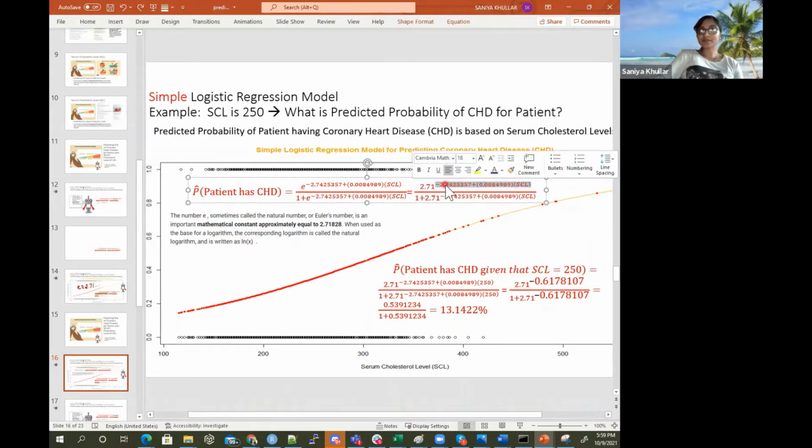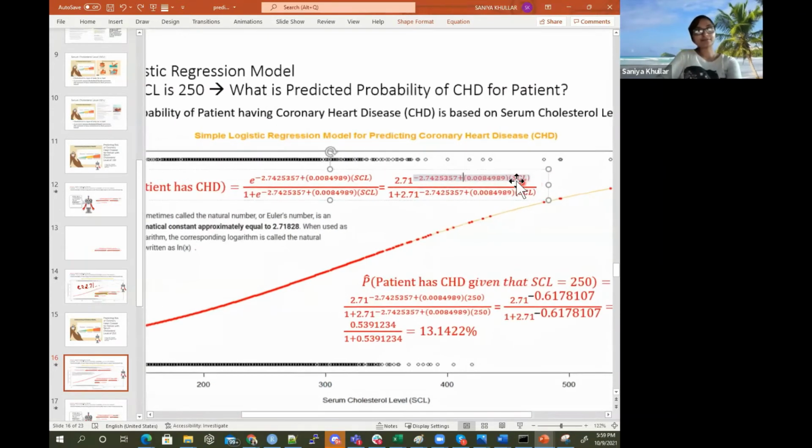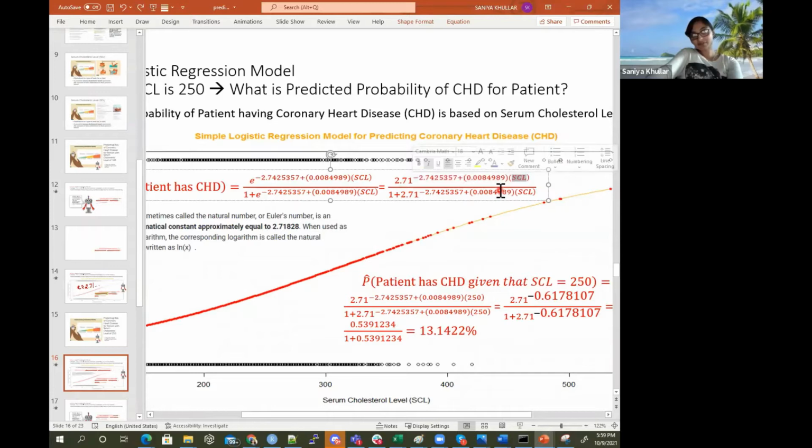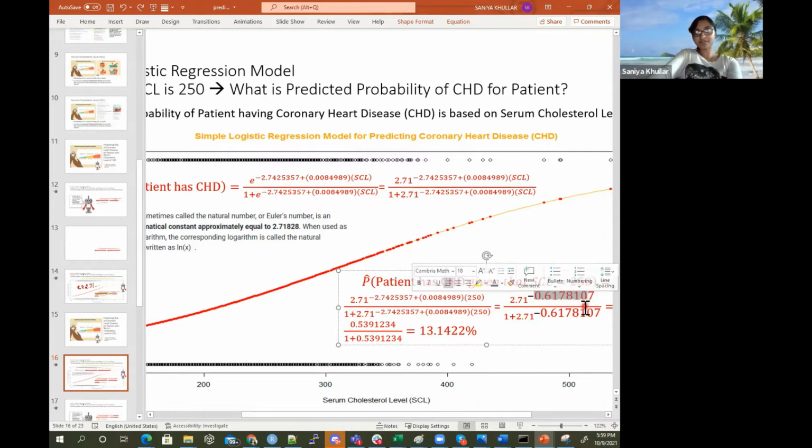You multiply 0.0084 by the serum cholesterol level, which here is 250, and then add negative 2.74 to it, and you get some number in the numerator. If you plug in 250, the exponent ends up being negative 0.6178107. You see that? That's what the exponent ends up being.